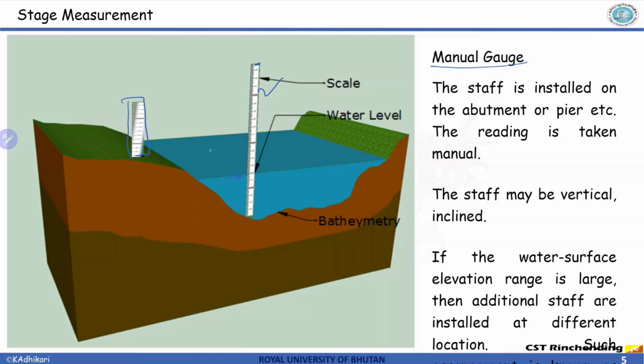So whatever the elevation of the water is, we can record it on the other one. This is known as the sectional way of putting a staff gauge to gauge the river. It's a manual process, so one person has to be employed to take the reading at a regular frequency.